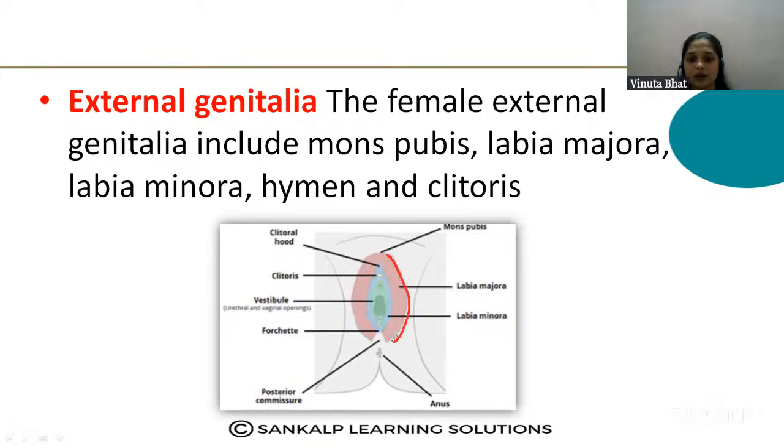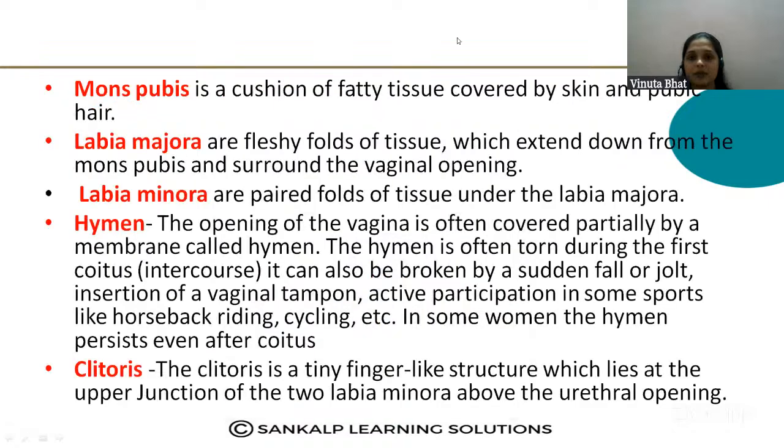This labia majora layer is a lip-like structure that extends from the mons pubis and surrounds the vaginal opening.